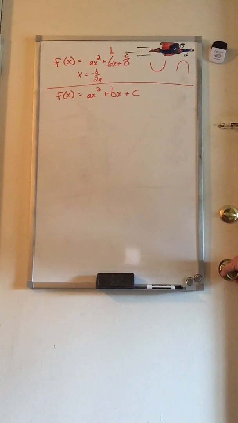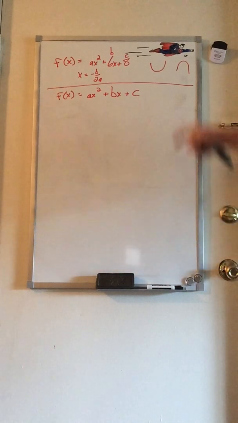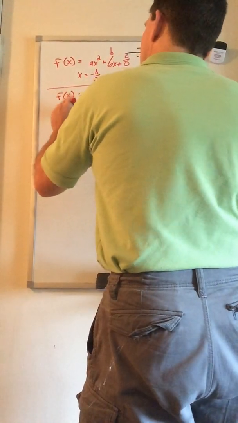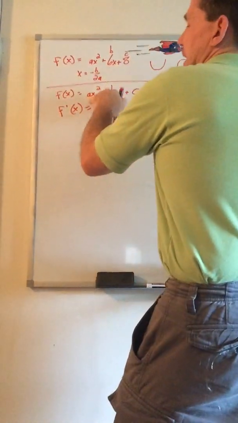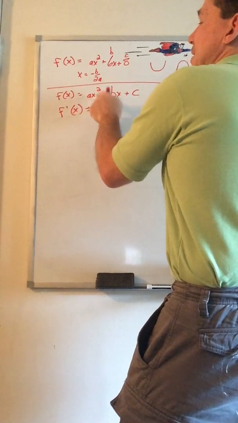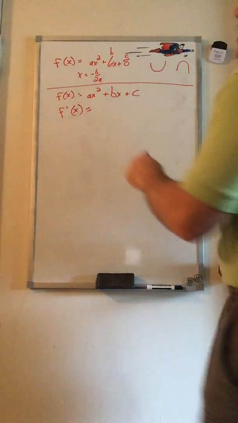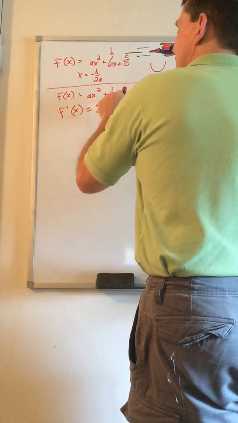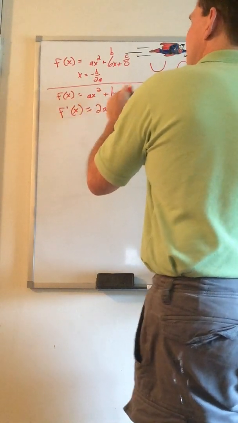The same holds true for a minimum, obviously. So if I want to find the maximum of this quadratic, take its derivative. Keep in mind here, a, b, and c are just constants with respect to the variable x. So here, if you bring down the 2, you get 2ax, plus here the coefficient of x is b.